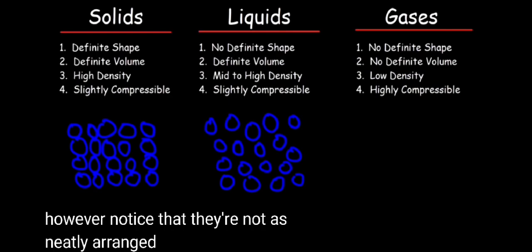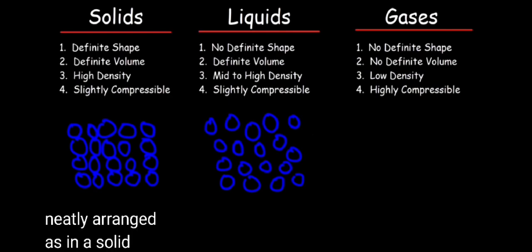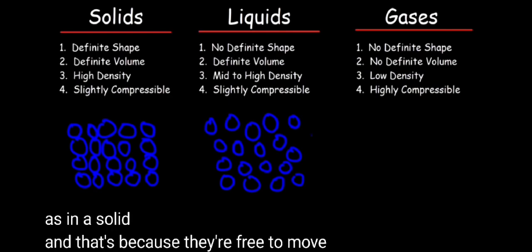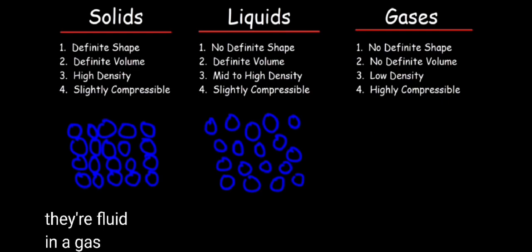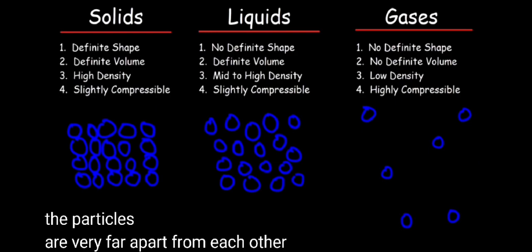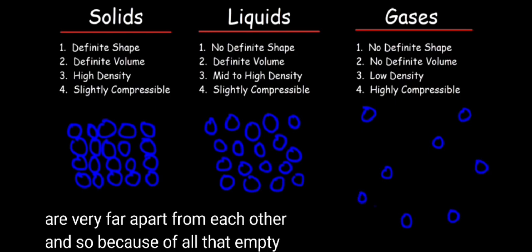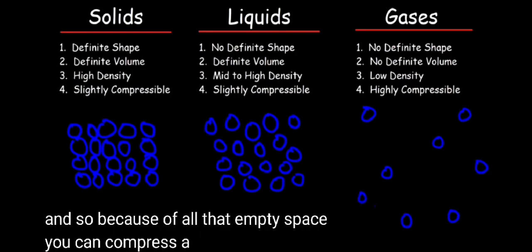However, notice that they're not as neatly arranged as in the solid, and that's because they're free to move. They're fluid. In a gas, the particles are very far apart from each other. And so because of all that empty space, you can compress a gas.